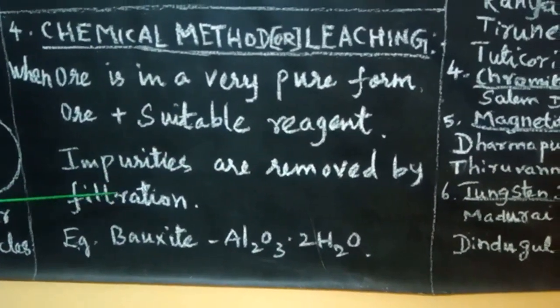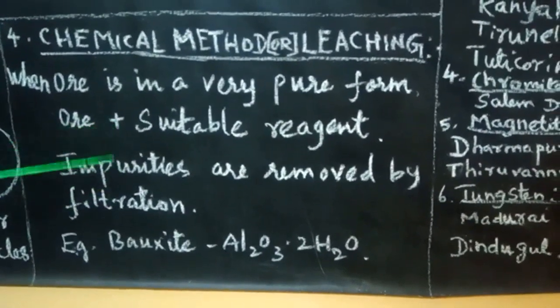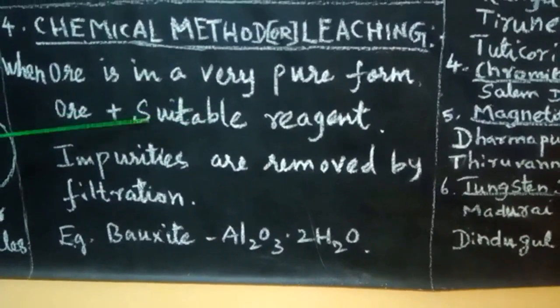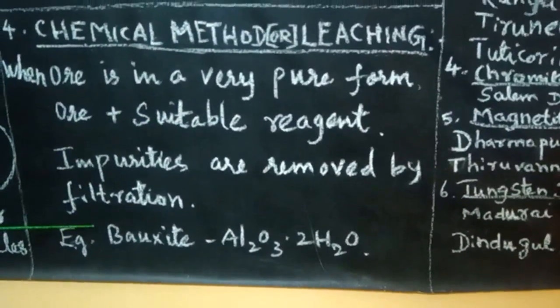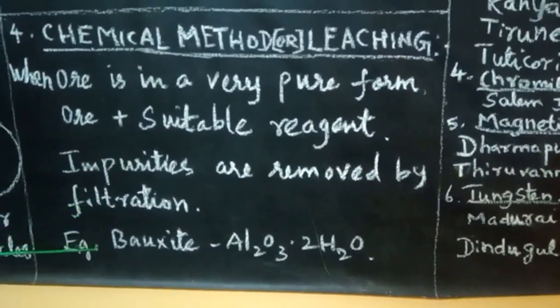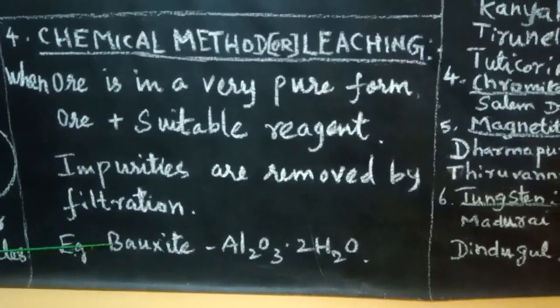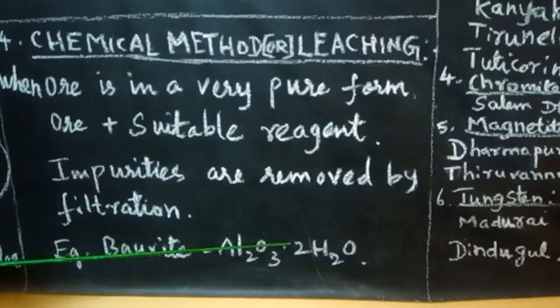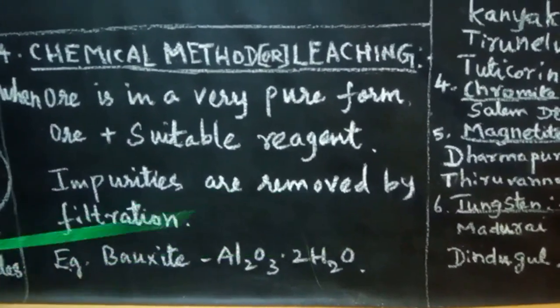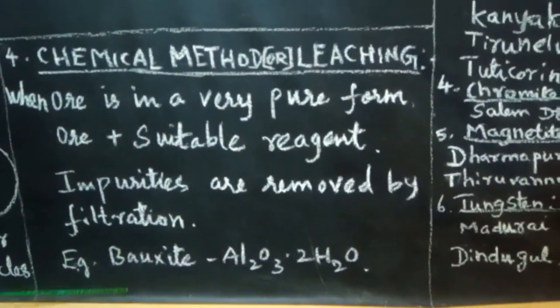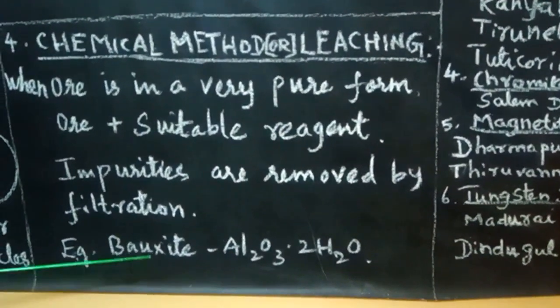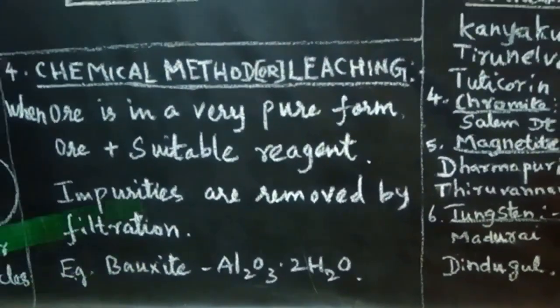The solution of ore is called the filtrate. It is treated with a suitable reagent to form the precipitate. Here the example is bauxite. Bauxite formula is Al2O3 2H2O. It is used in the extraction of aluminium. This is the main ore of aluminium.